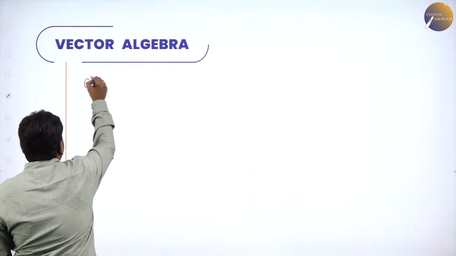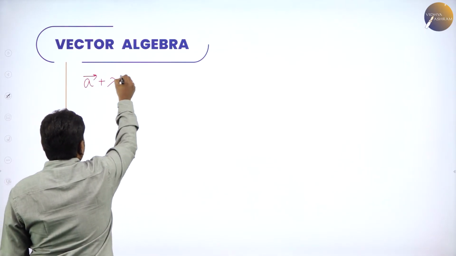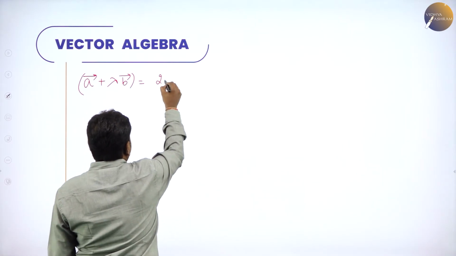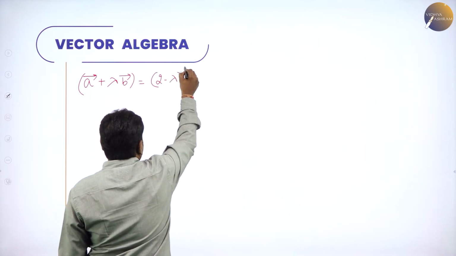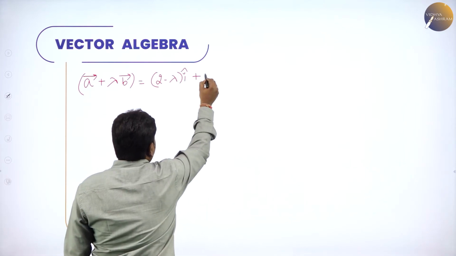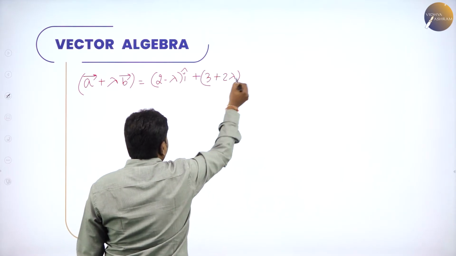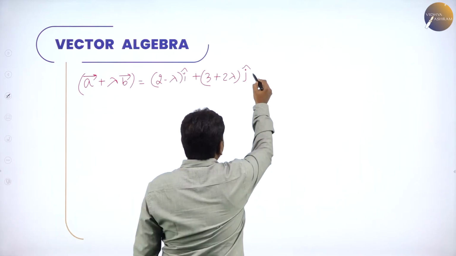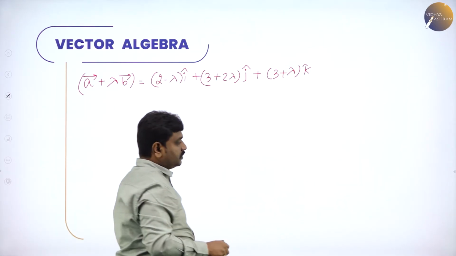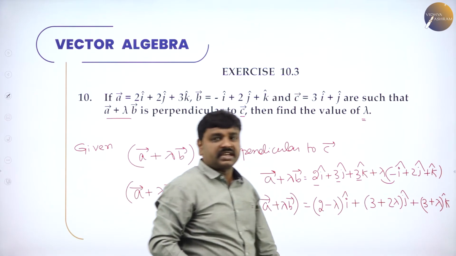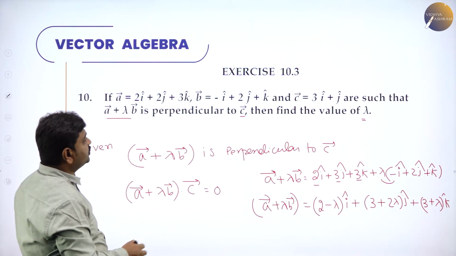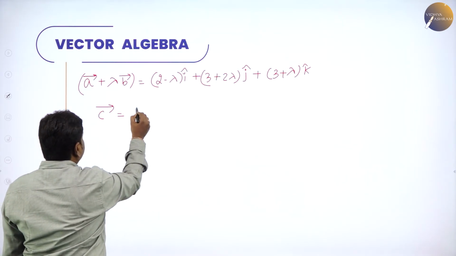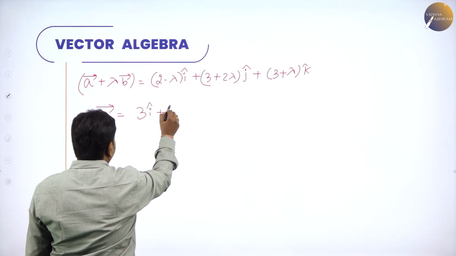So we have a plus lambda b and c is 3i cap plus j cap.